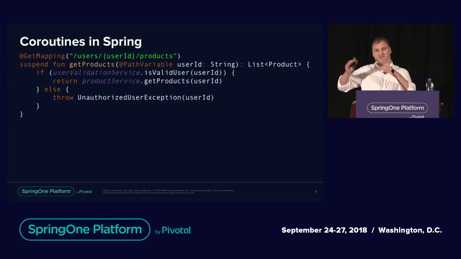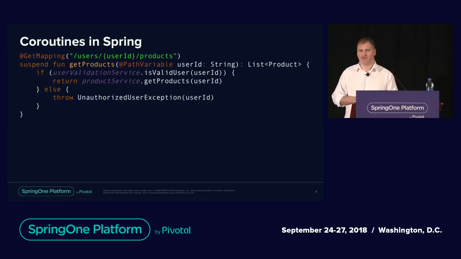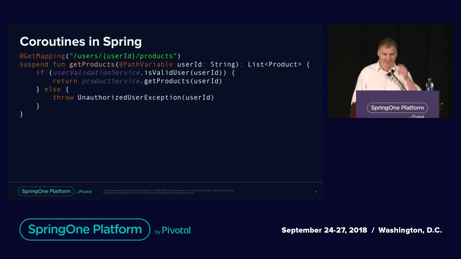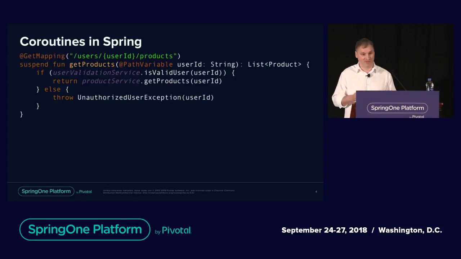In those different areas of Spring, in different features, we can provide our own plugins to make Spring work with suspending functions. I'm not going to go into details of how we can do it, because we don't have that much time. But if you're interested, you can have a look at a library which I want to show you.